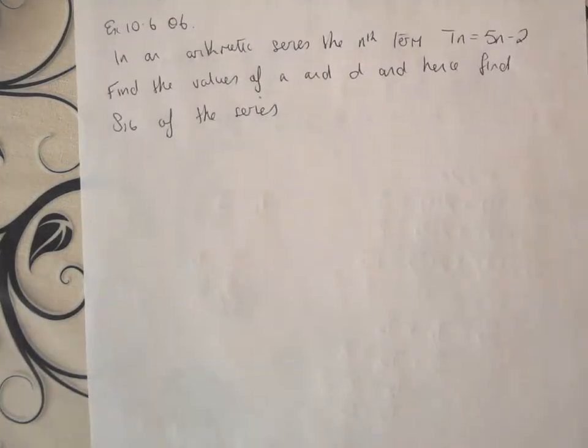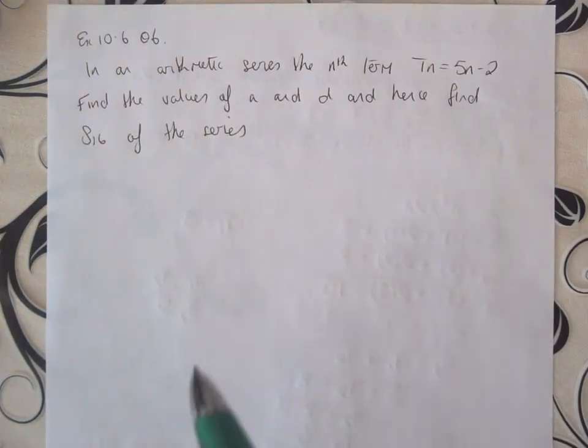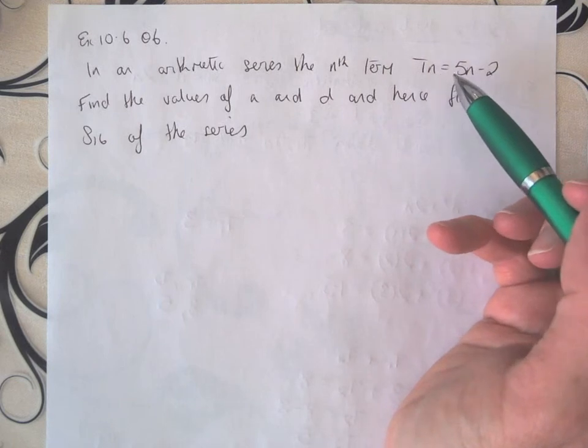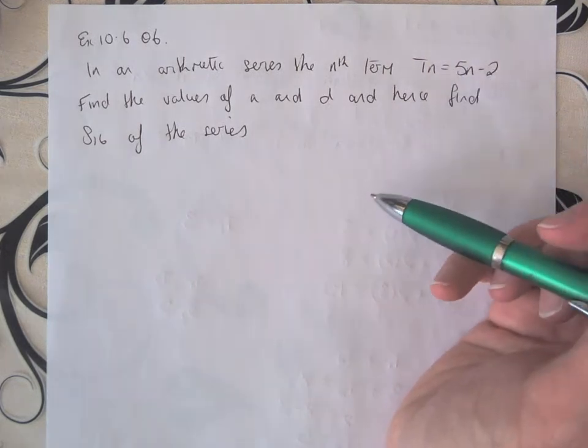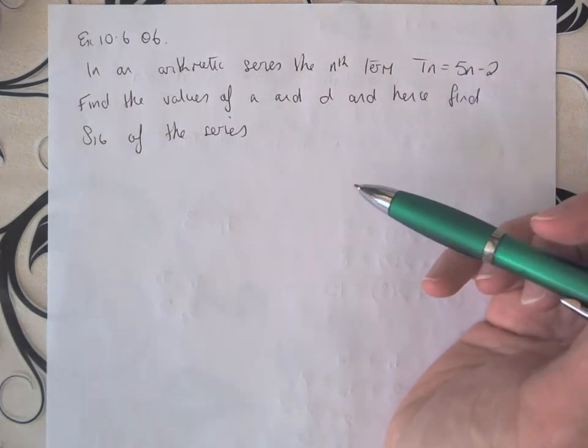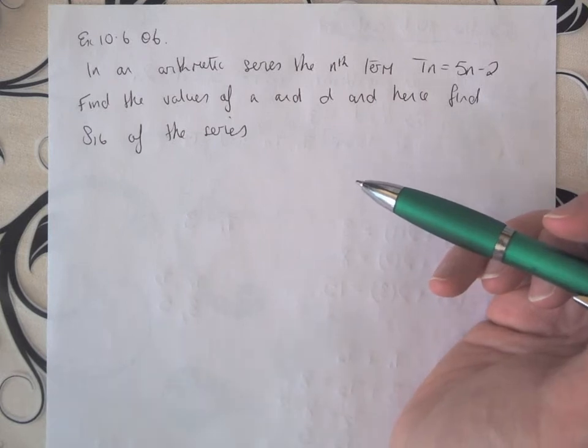Okay, now we'll try a different type of example. In an arithmetic series, the nth term, Tn, is given by 5n minus 2. Find the values of a and d, and hence find S16 of the series.